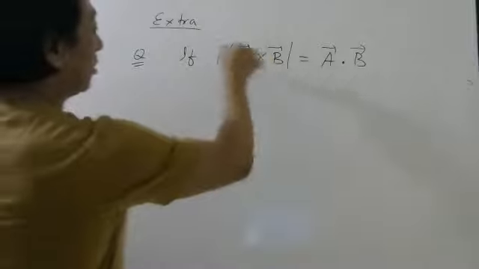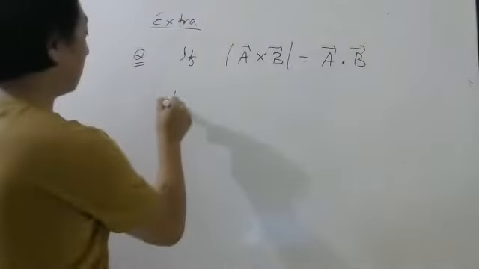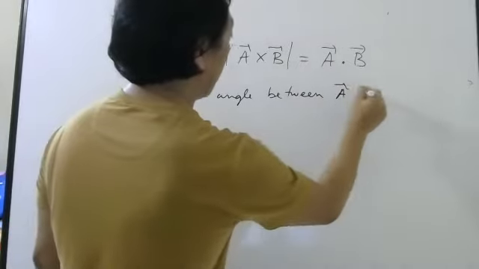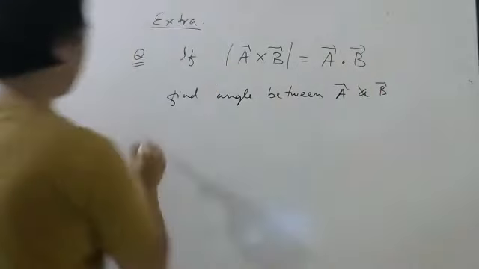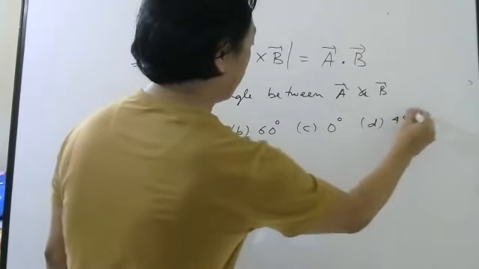So for the cross product you are taking magnitude. So if this is equal, find the angle between A bar and B bar. 30 degree, 60 degree, 0 degree, 45 degree.